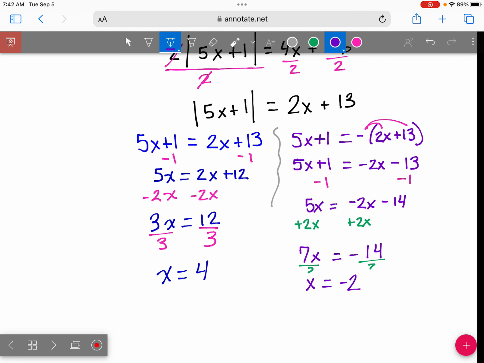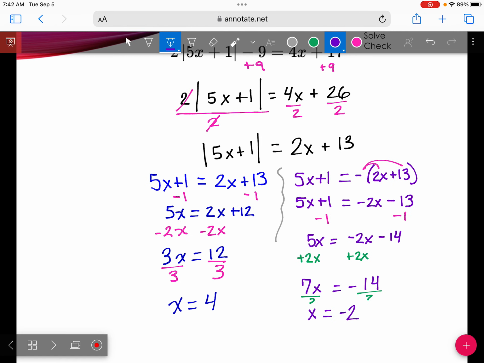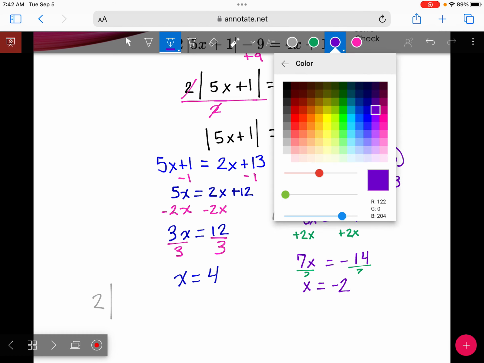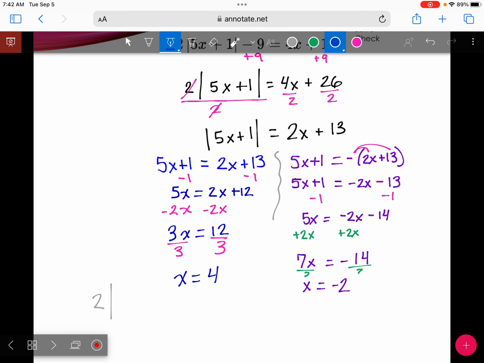Okay, for our check, I do highly recommend that we use like a calculator, because this guy is real long. We're going to have our 2 times the absolute value of 5 times 4 plus 1 minus 9.